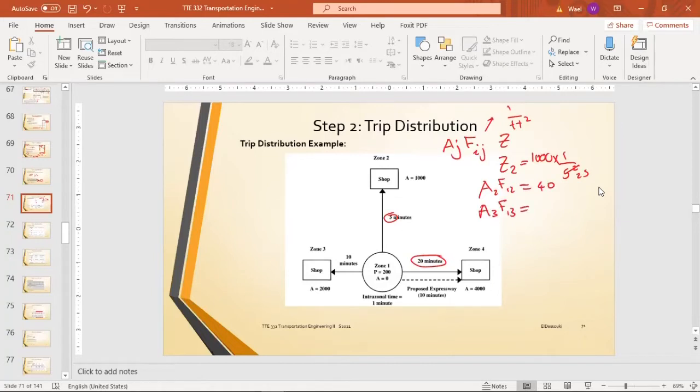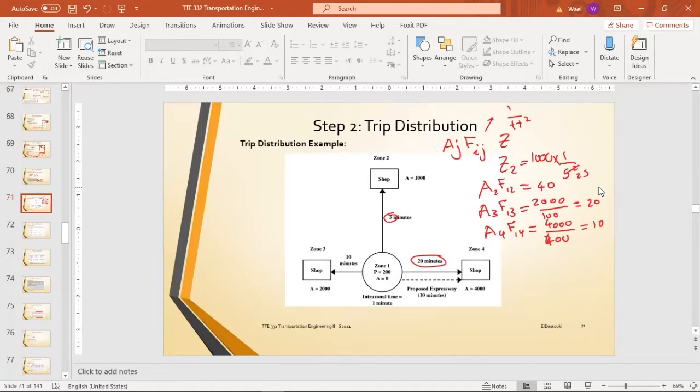A3F13 equals 2000 attraction divided by 100, equals 20. A4F14 equals 4000 divided by 20 squared, that means 400, so this will be 10.